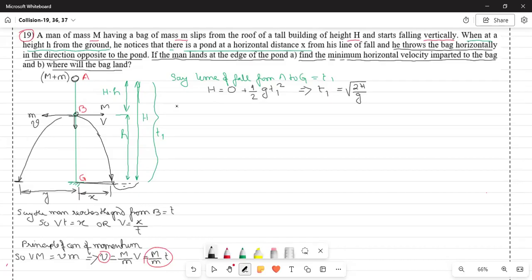Similarly, say the time to fall from A to B is equal to T2. We can once again find T2 by applying the same kinematics formula, because this side, capital H minus small h, is known.